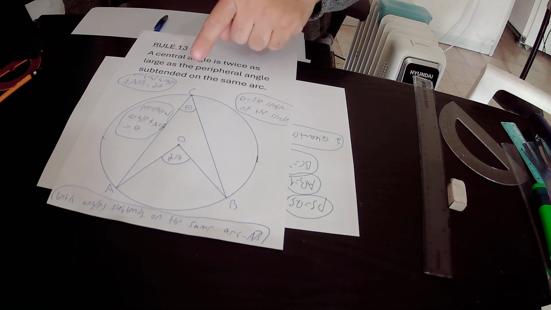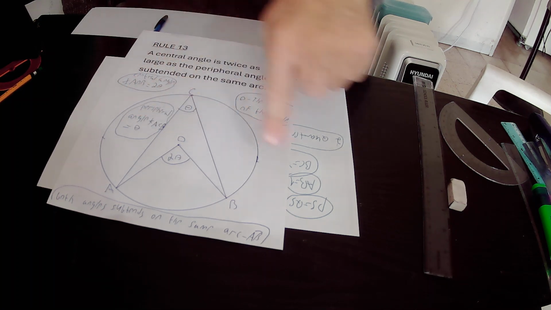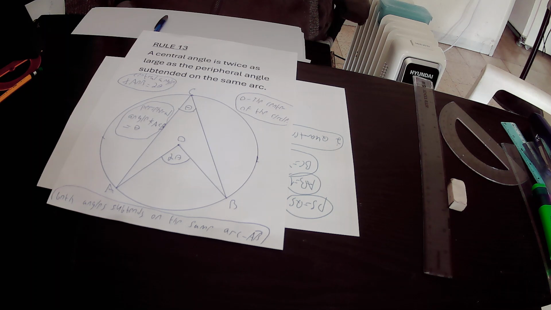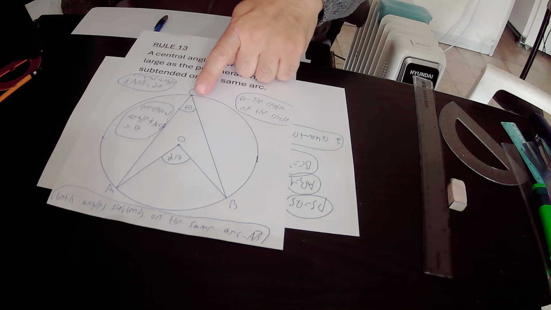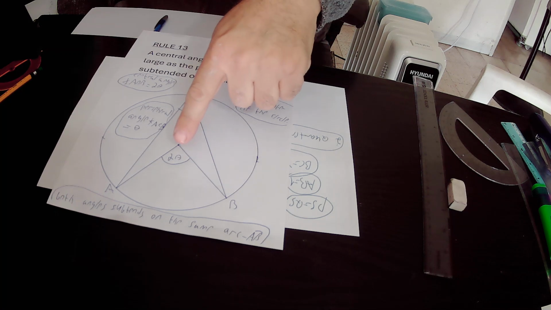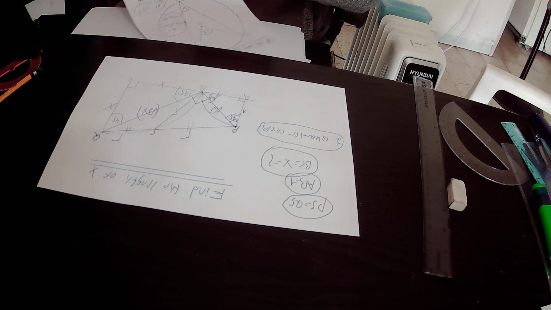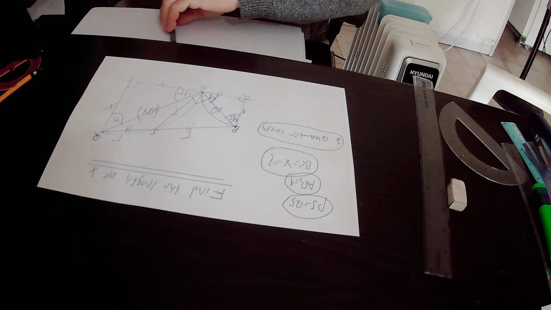So if the peripheral angle ACB that is subtended on arc AB is equal to theta, then the central angle AOB that is subtended on the same arc AB must be equal to 2 theta. So the central angle is always twice as large as the peripheral angle subtended on the same arc. So we can actually implement rule number 13 in our drawing.